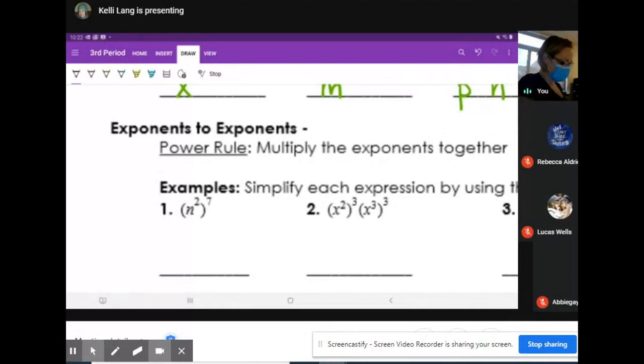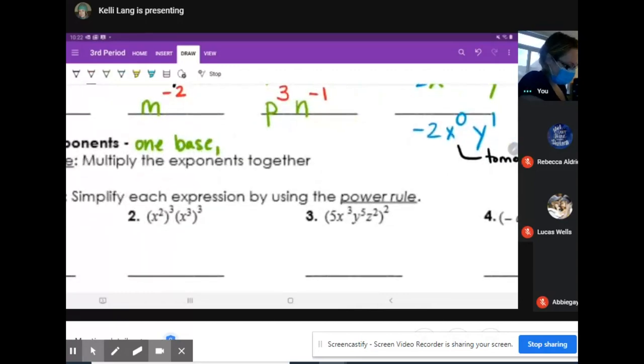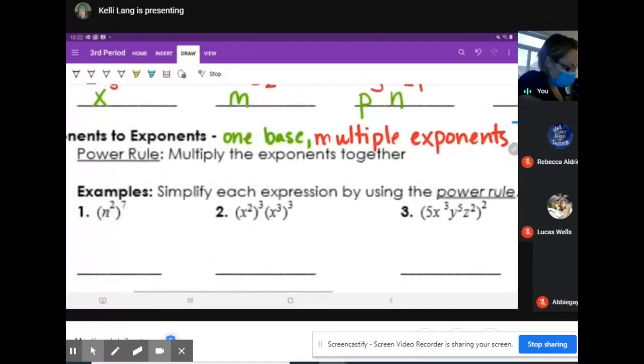The rule is when you have one base with multiple exponents, you will multiply the exponents together. That's our rule. So we'll just talk about this through example.